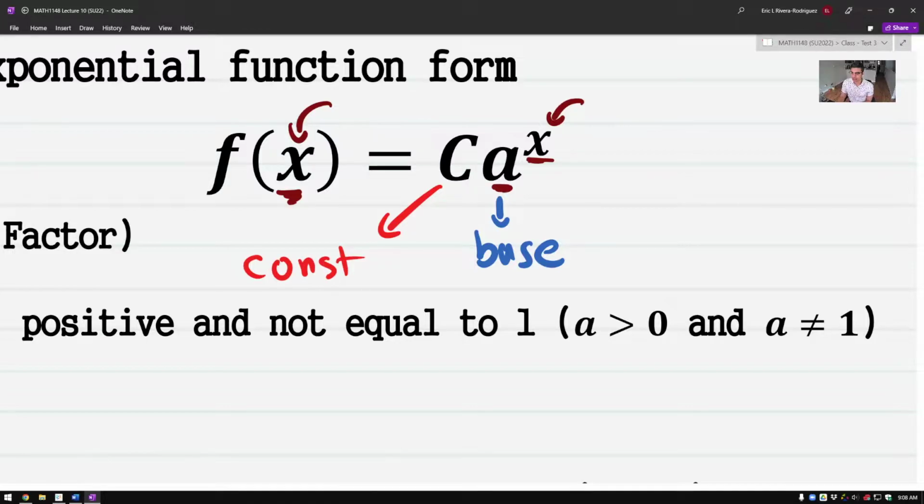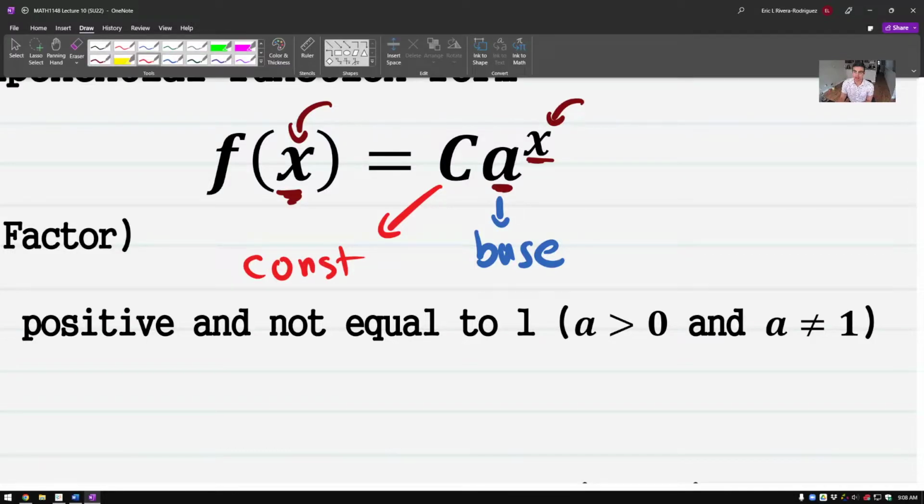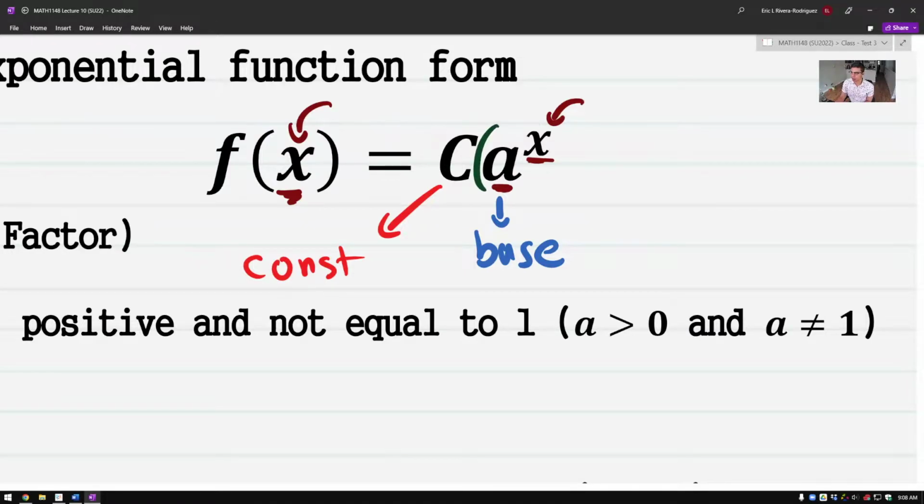Let me use parentheses to show you the two parts that we have here in the exponential function notation. We have the part with the exponent, whose value is based on the input of the function. That exponent applies to a value which we call the base, and we could have a constant factor that is being multiplied by that expression.